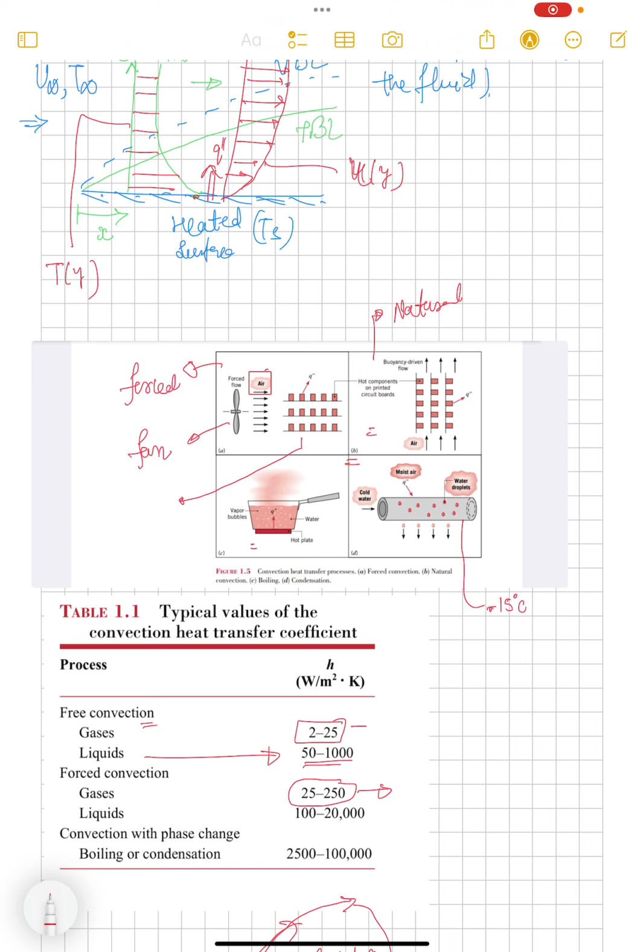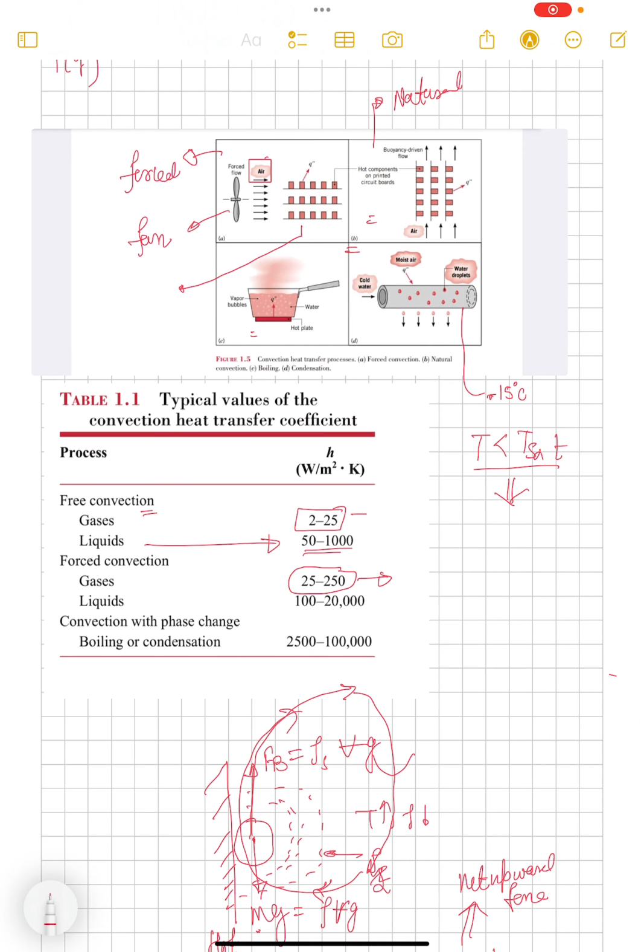This is nothing but the temperature of the surface of the tube being less than the saturation temperature at that particular condition. If this condition is fulfilled, then the surrounding fluid will condense. And for boiling, the surface temperature is more than the saturation temperature.